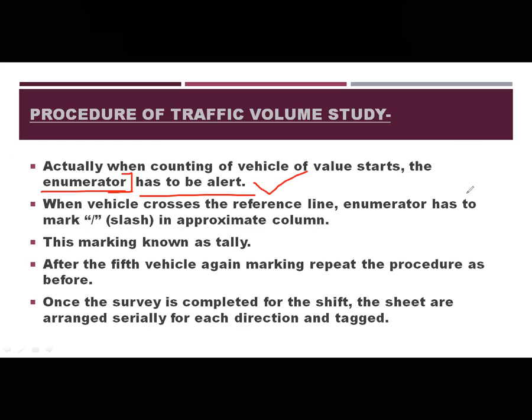When a vehicle moves at the particular section, you have to mark a slash in the specific column. This marking is known as a tally. After every fifth marking, there is a cross marking, and a new slash marking will start.